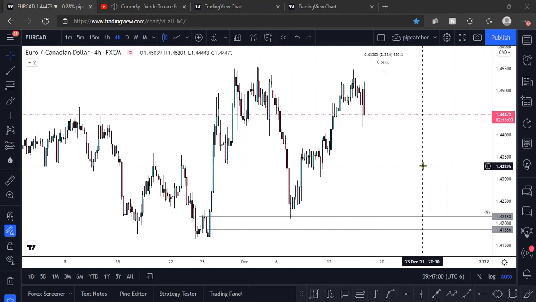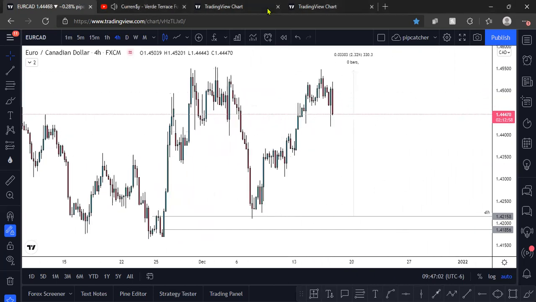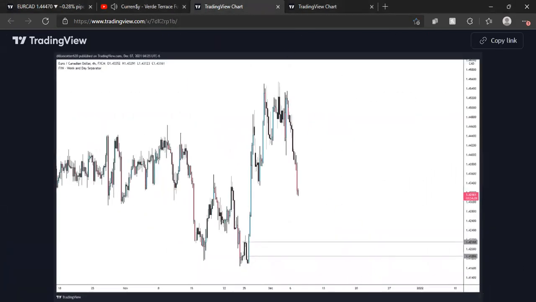First things first, we look at the before and after setup, but one thing to take into consideration is demand is low, and supply is high. So we're talking about supply and demand here.